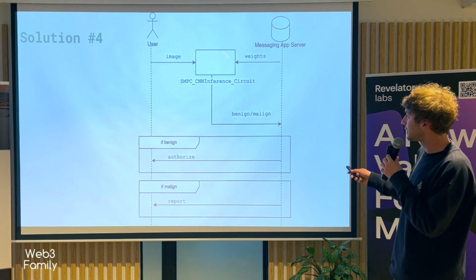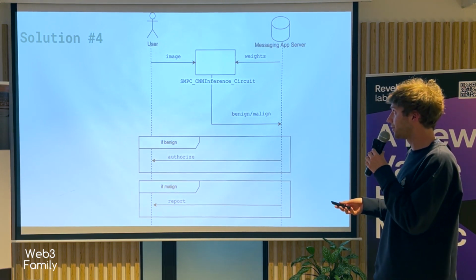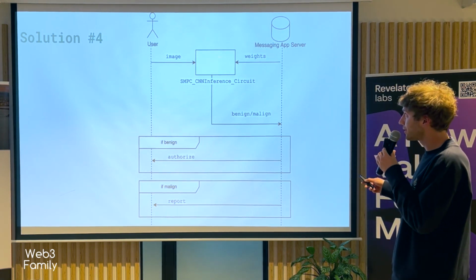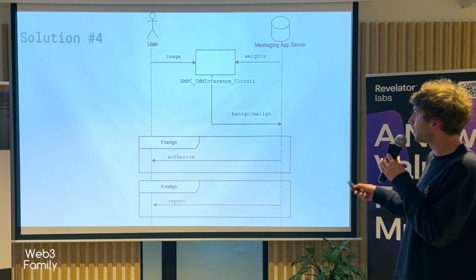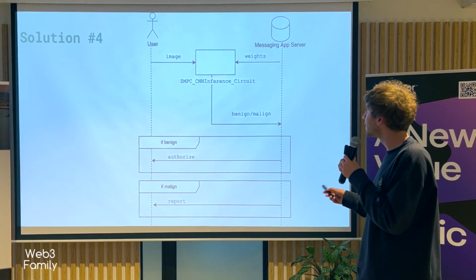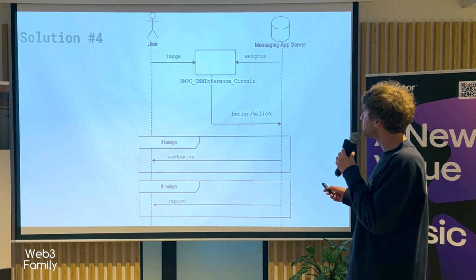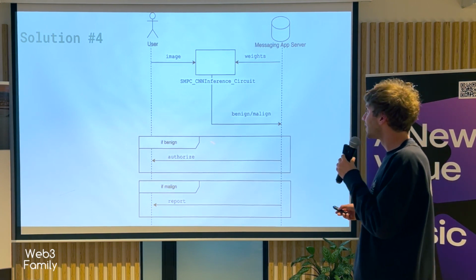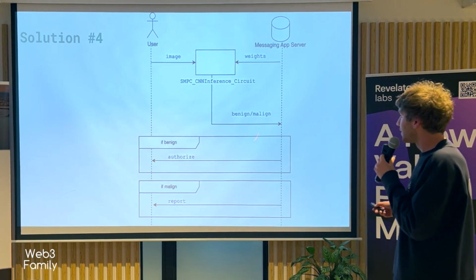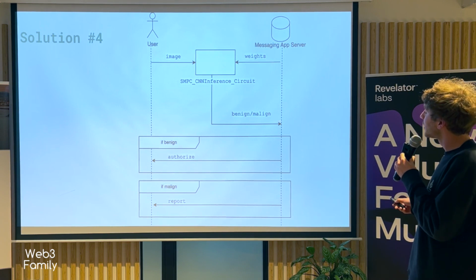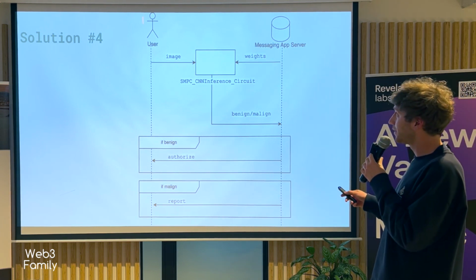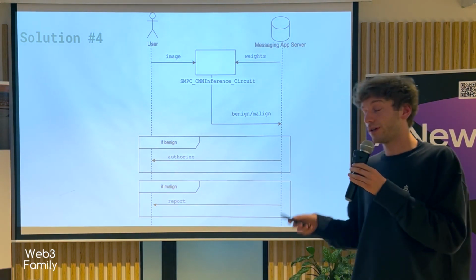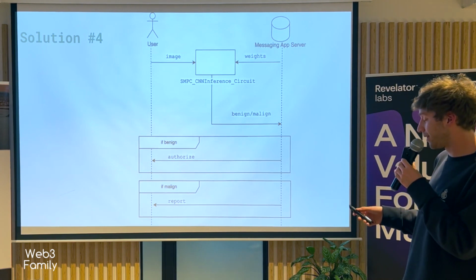So we replace this with a multi-party computation circuit, and in reality, what that means is that inside this box, the user and the messaging app server will keep exchanging messages with each other, and come up with a solution, with an output that can be shared with the messaging app server, and the user and the messaging app server won't ever be able to know the input provided by the other party.